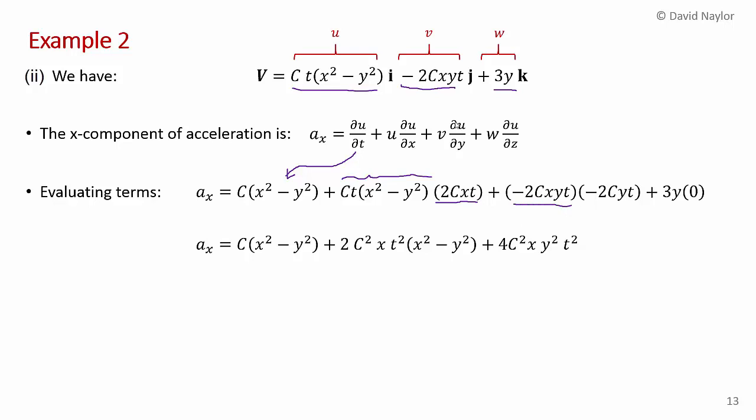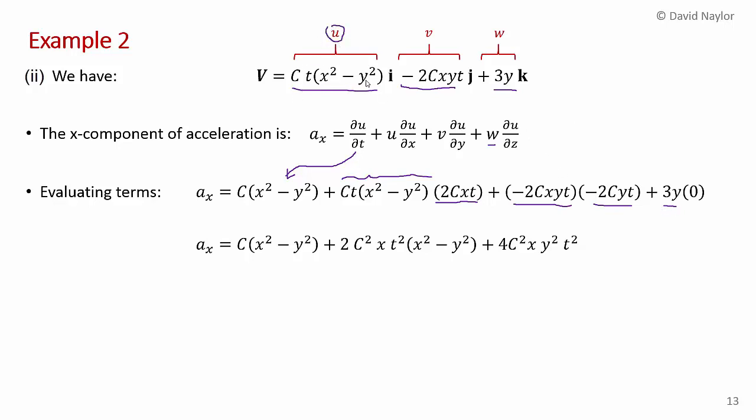And now I want to take the derivative of u with respect to y. So that's going to become minus 2y, minus 2y ct, right? So there. And then finally we have w du dz. W here is 3y. And then we take the derivative of u with respect to z.